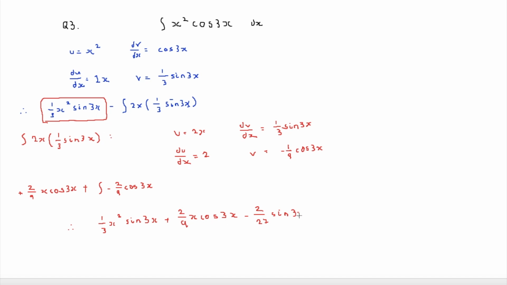And then finally, we just have to remember this constant, so plus c. So that's our final answer for that one. Again, the most important thing to remember here is whether it's negative or positive, as it can get very confusing.